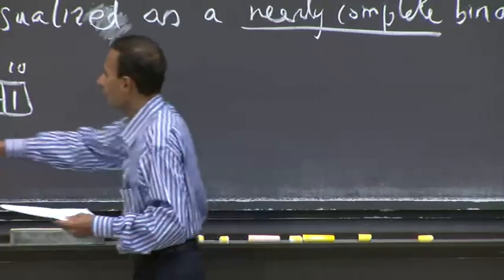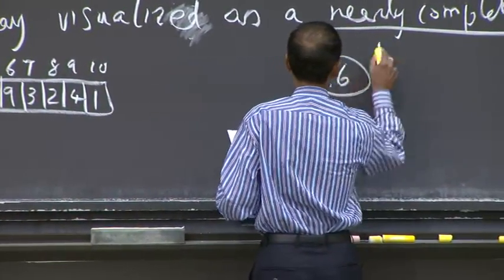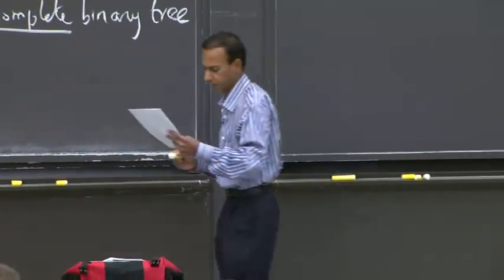Well, index 1 is the root of the tree, and that's an item with the value 16.